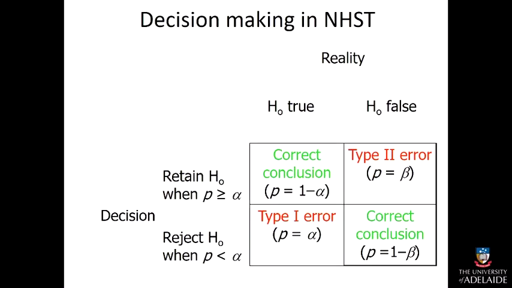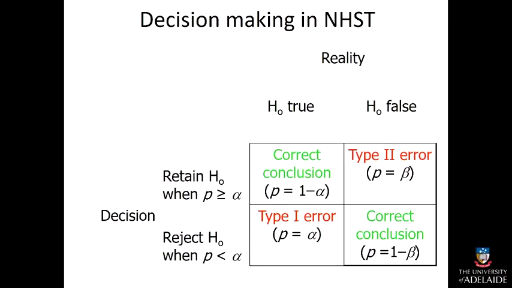Now you'll see that there are probabilities associated with each of those outcomes in that contingency table. So the probability of a type 1 error is given as alpha. So in some ways that's under your control because you pre-specify your rejection criteria for the null hypothesis.